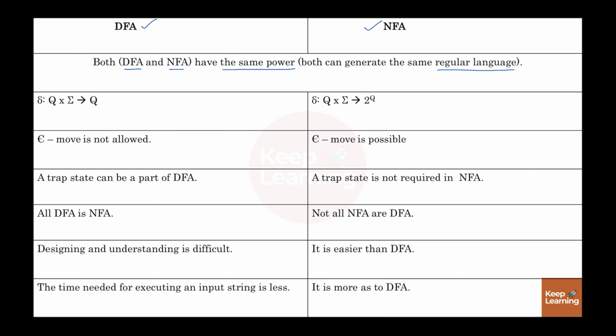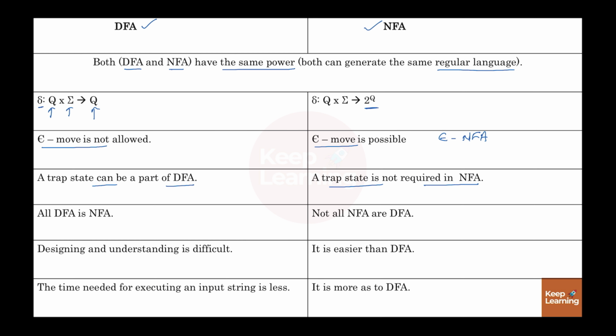Next is the transition function. In a DFA, from a state by taking an input, you can reach exactly one state, but in an NFA you can reach a number of states. In a DFA, epsilon move is not allowed, but since we have epsilon NFA, in an NFA epsilon move is possible. Next, a trap state can be a part of a DFA, but a trap state is not required in an NFA.